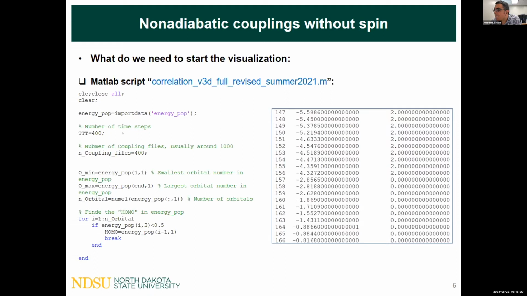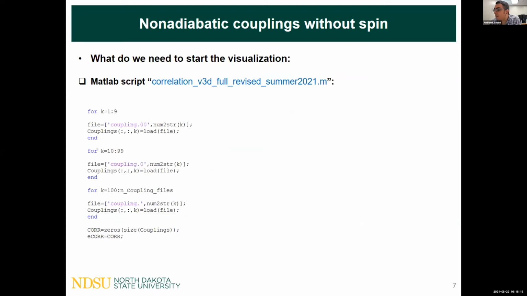You just need to specify these two numbers and run the MATLAB code. As you can see here, the coupling files for 1 to 9, 10 to 99, and 100 to 1000 have different naming, so we need a different prefix to specify those names, which were developed before by Dr. Kane and his colleagues.